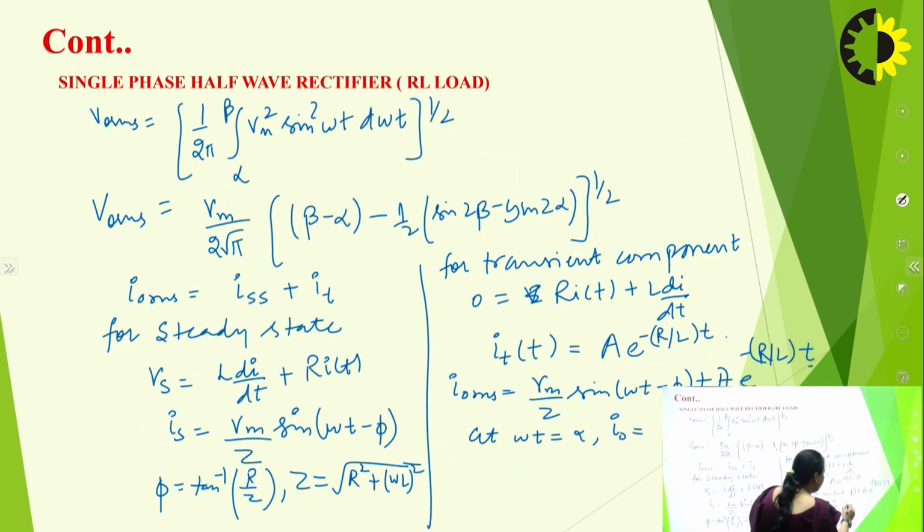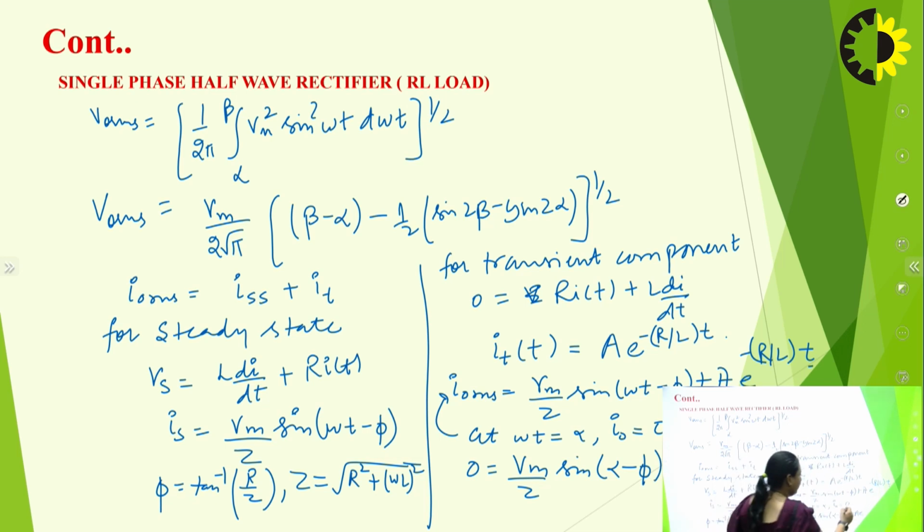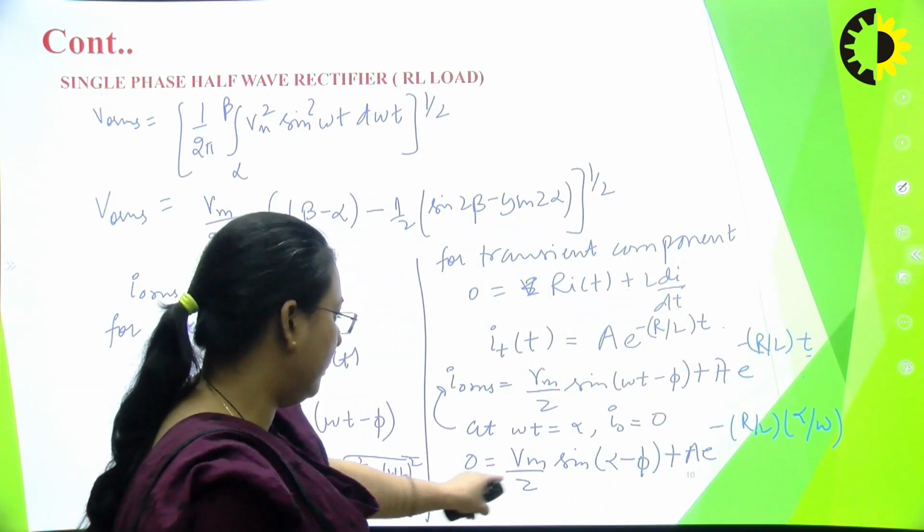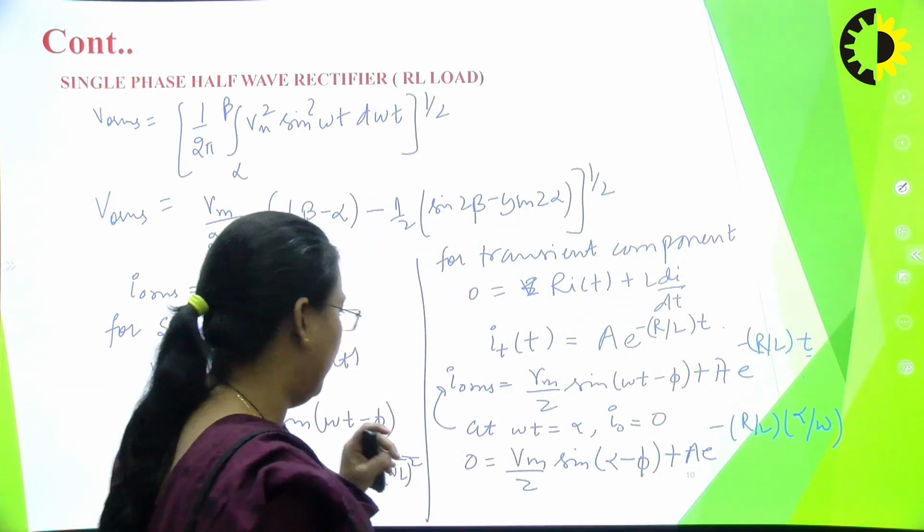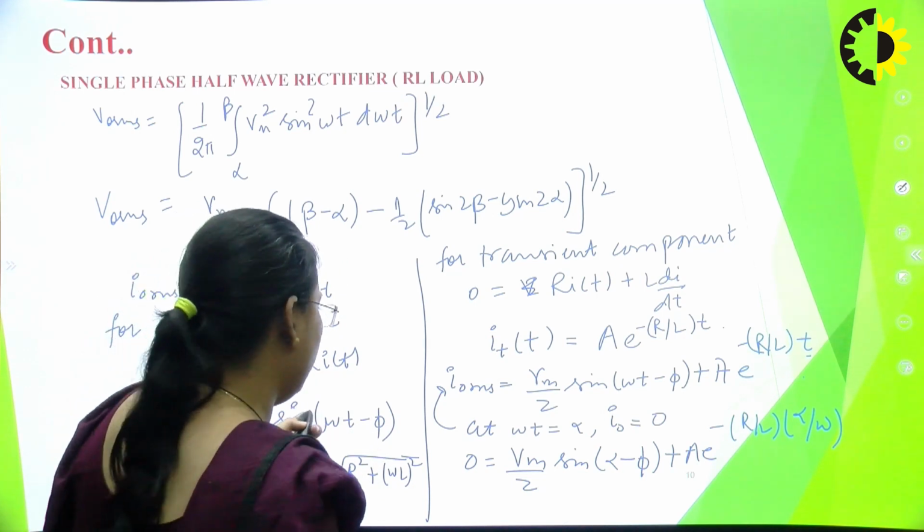So put I naught equal to 0 in the above equation, you will get 0 equal to Vm upon Z sin alpha minus phi plus A into e raised to the power minus R by L into t, where t will be equal to alpha by omega. From this equation I will find the value of A. So A will be equal to minus Vm.